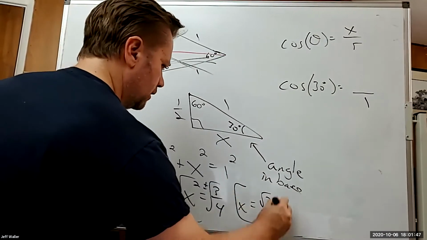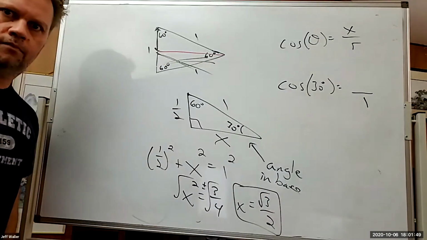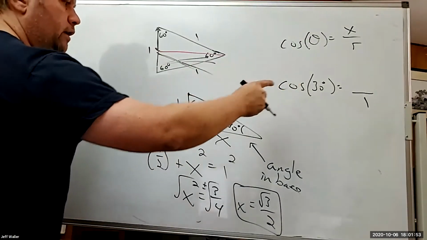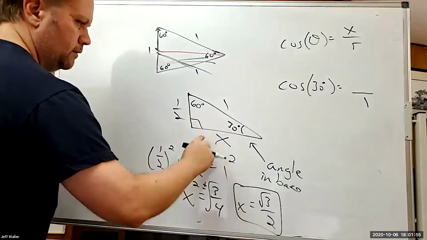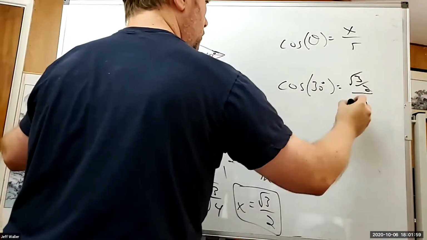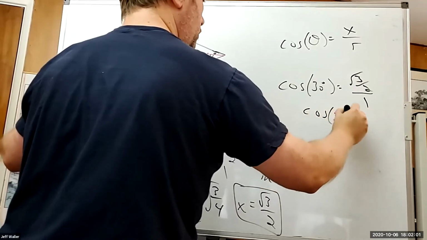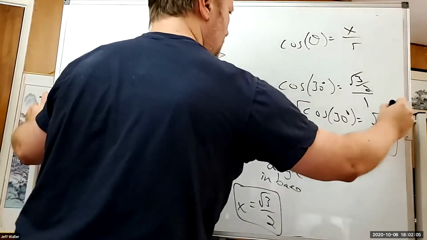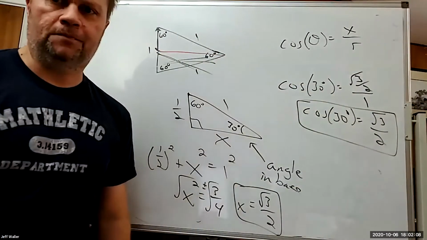Do you guys see that? So then what's the cosine of 30? It is X over R. So it is square root of 3 over 2, over 1. So the cosine of 30 for every thing in the universe is √3/2.